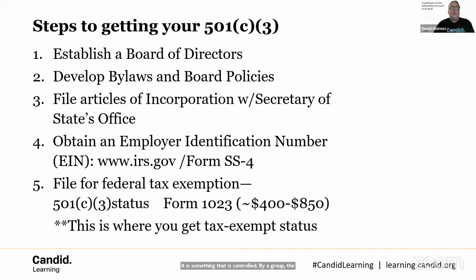So just in going through some of these step by step, and I'll go into some more detail about some of the other parts. Once you create a board of directors and create the rules for how that board operates and how the nonprofit operates, which is the bylaws and the board policies, you have to incorporate at the state level first.